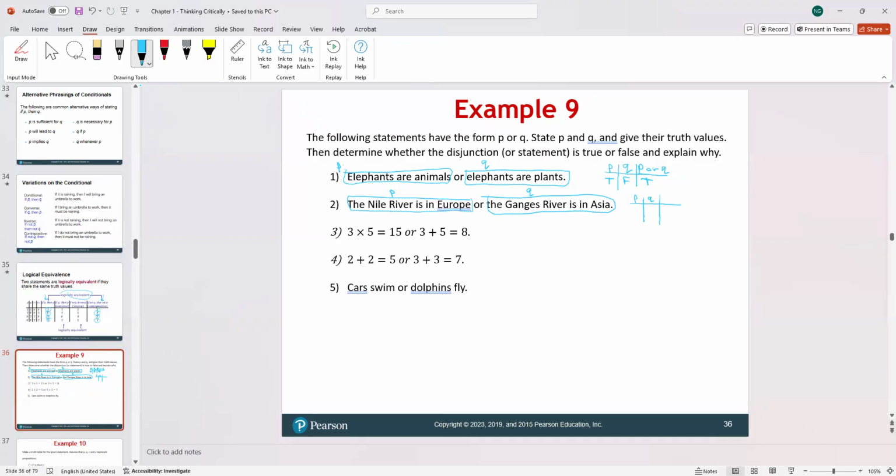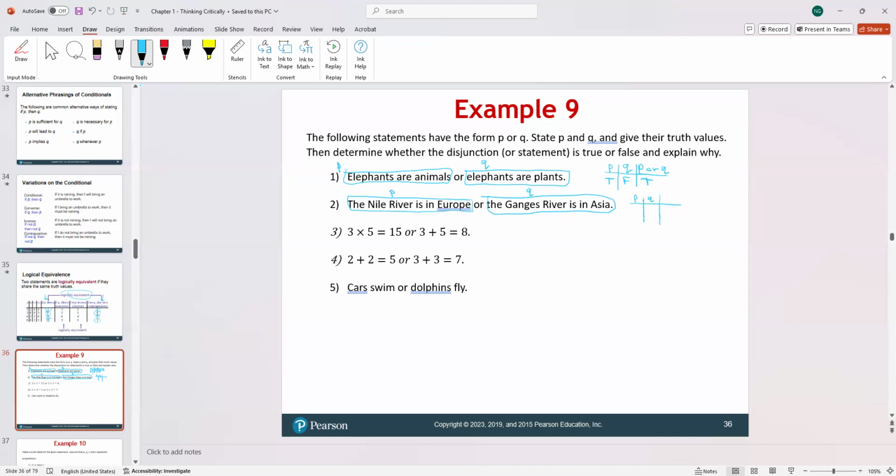Actually, it's not. You need to verify that, either by Googling or maybe from some geography. I could ask my son where the Nile River is. It's very important that you connect it.